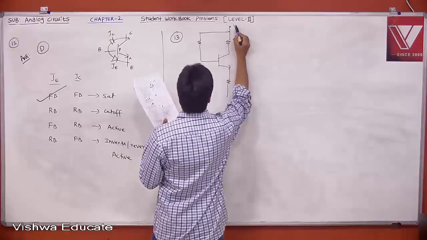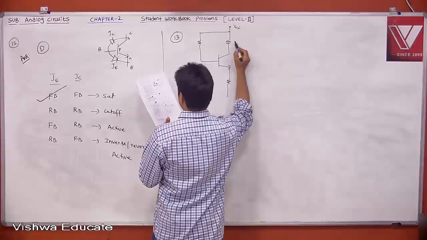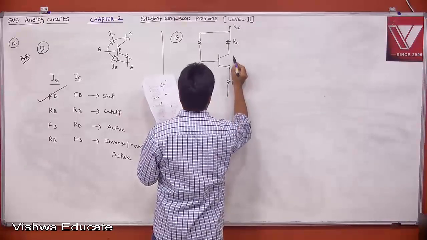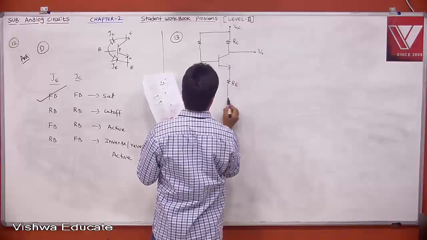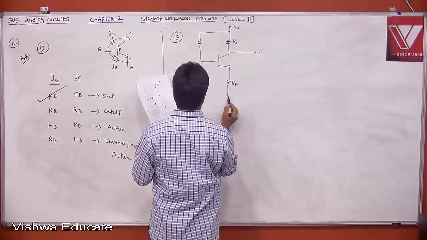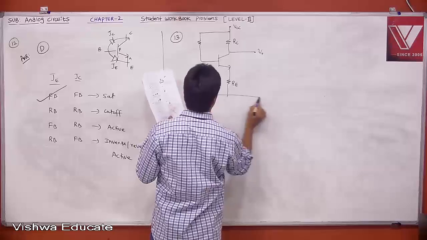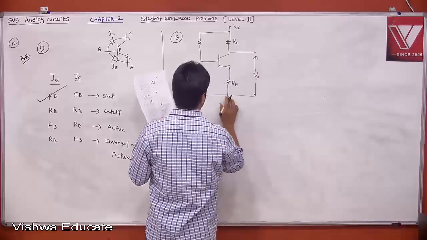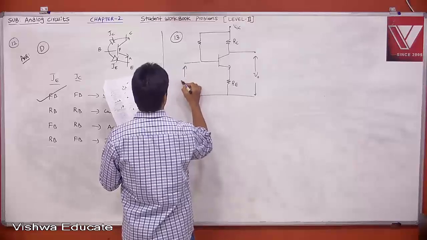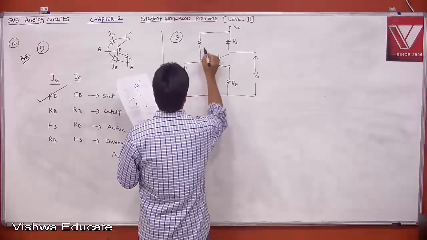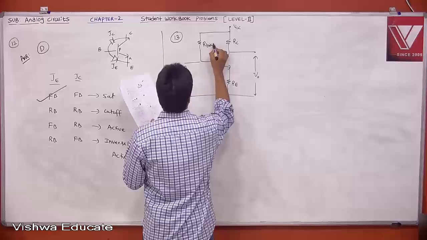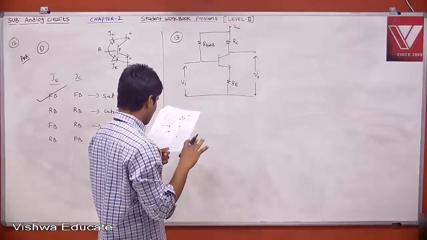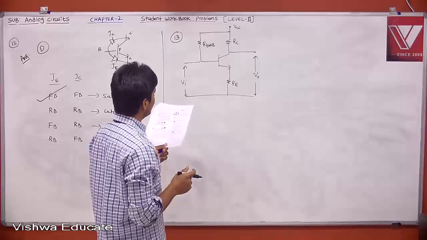I'm just simplifying it. VCC, this is our RC and then RE, and this is our V0, and this is your V in. This is your R bias. Then he is speaking about voltage gain and input impedance.